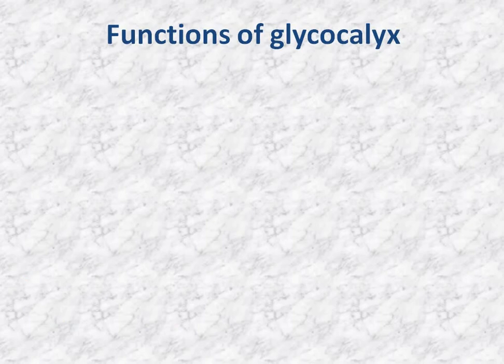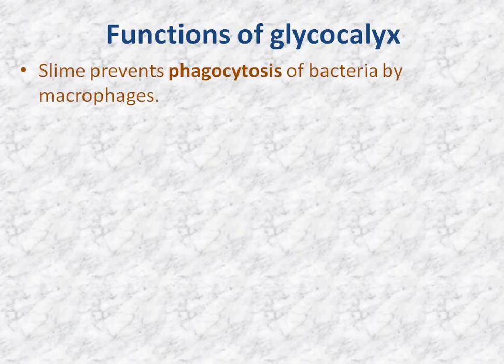Now, what are the functions of glycocalyx? Glycocalyx, that is capsule or slime, prevents phagocytosis of bacteria by the macrophages. Macrophages are the cells of the immune system that destroy bacterial cells by phagocytosis if they enter the body.